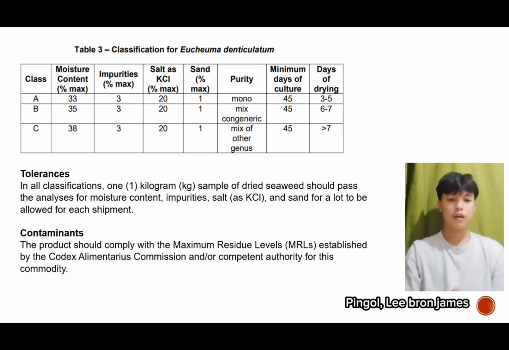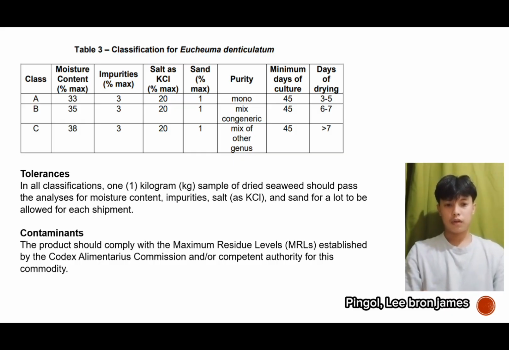Lastly, we have Eucheuma denticulatum, which follows the same grading system. For Class A, it has the lowest moisture at 33%, and Class B can go up to 35%, and Class C up to 38%.